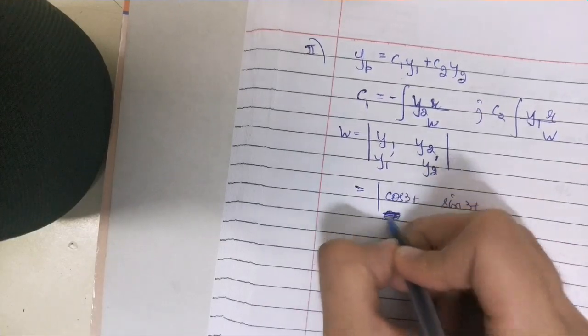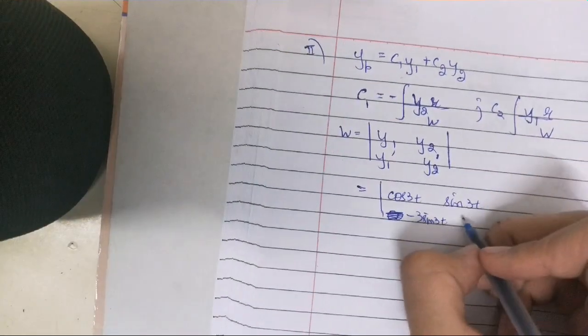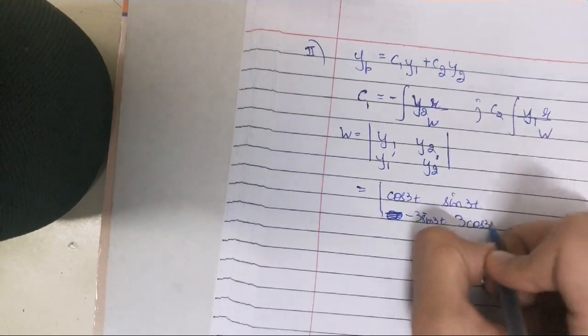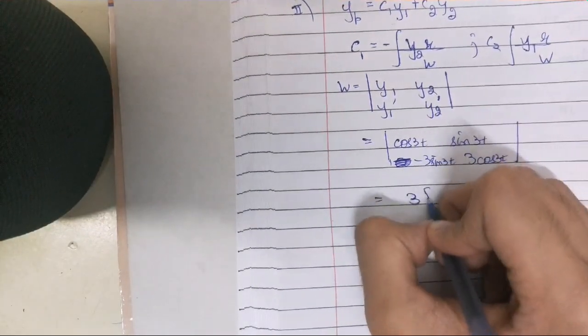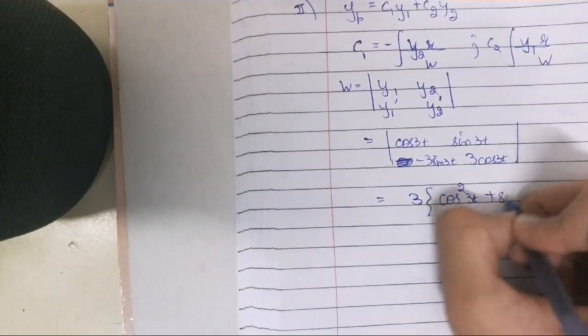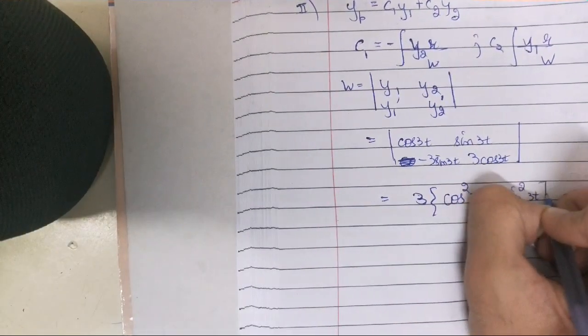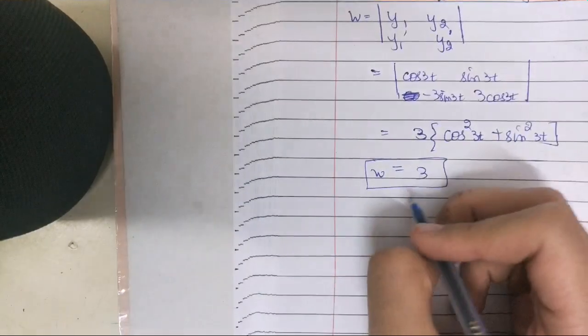The derivative of cos 3t is minus 3 sin 3t, and the derivative of sin 3t is 3 cos 3t. Taking 3 as common, this gives us cos squared 3t plus sin squared 3t, which yields 3. So the value of W in this case is 3.